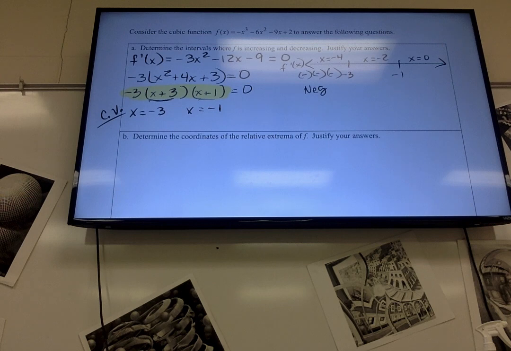Okay. So over -2, -3 is negative. So that doesn't change anything. And then positive, and then negative. So this one's positive. And 0, negative, positive, positive.